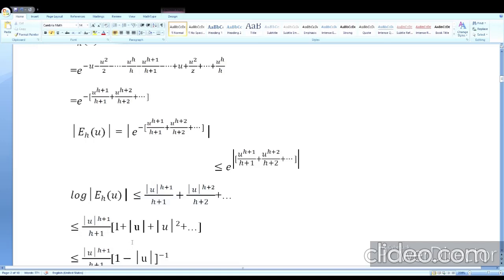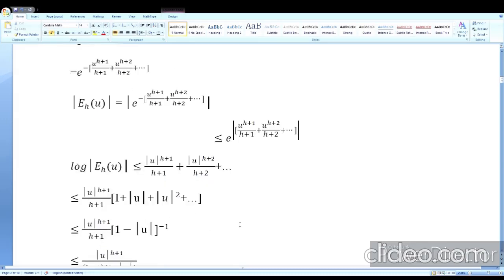For calculation's sake, we take all the denominators as h + 1 because all the denominators are less than 1/(h+1). So it is less than or equal to |u|^{h+1}/(h+1) times (1 + |u| + |u|² + etc.). By using binomial, (1 − x)^{−1} equal to 1 + x + x² etc., we can write this as (1 − |u|)^{−1}.